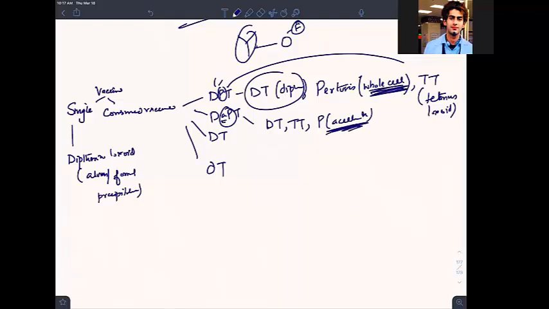I'm making a vaccine actually. So what is DT? DT is D plus TT. So if somewhere you see DT, remember D plus TT. If you see DaPT, remember it has D, TT and P. If you have DPT, it is D, P, TT.